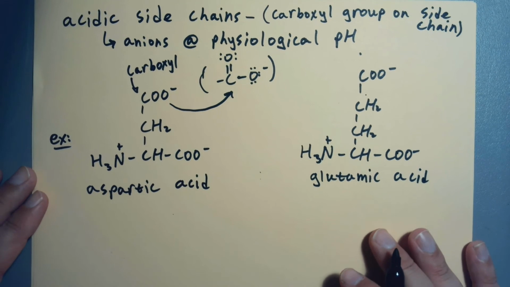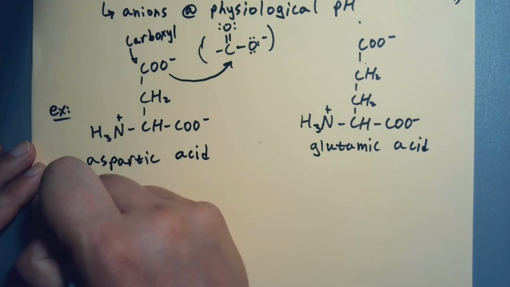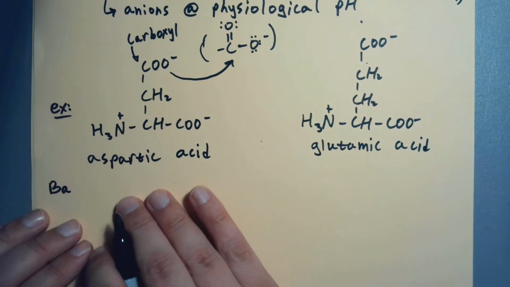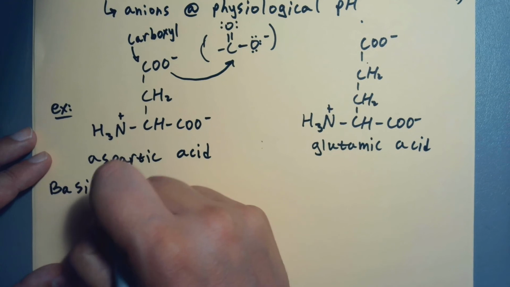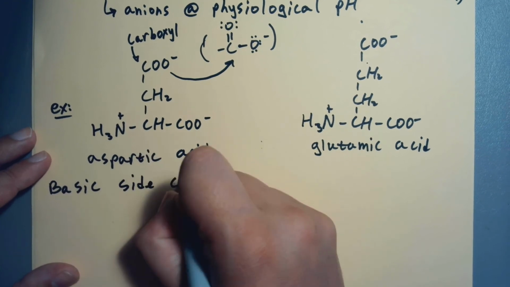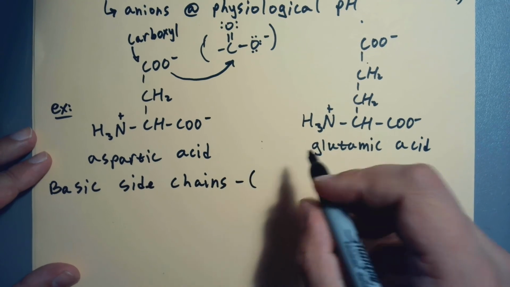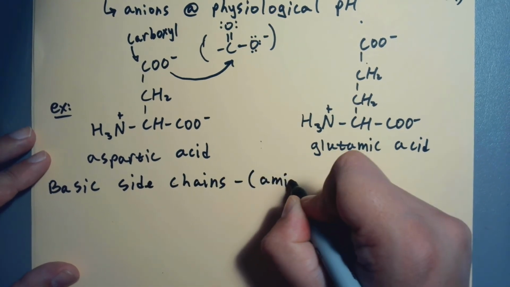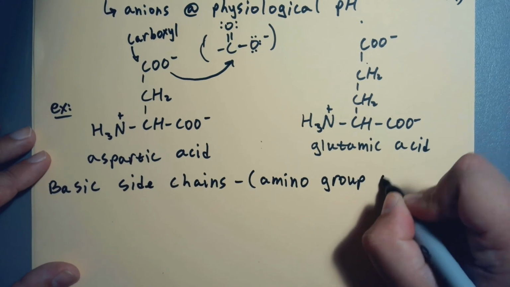So let's talk about the opposites. Let's talk about basic side chains. So you have acids and bases. They're opposite friendships. It's not like these are simpler. It just means that they have a base in them. And so what this means is there's an amino group, or an amine, on the side chain.